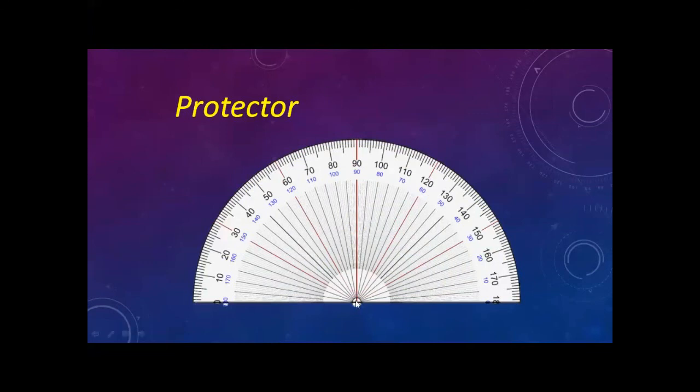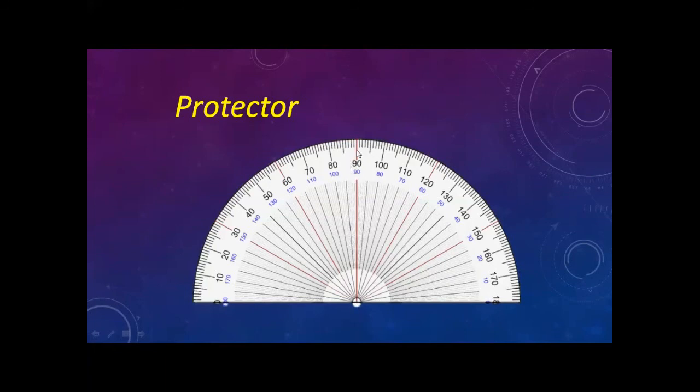Now, this is the center point of protractor. The right side of center point is known as acute angle, and the left side of protractor is known as obtuse angle, and the center point is known as right angle. How? It is starting from 0 till 90, and from 0 till 90 angles are known as acute angle. Now this is the center point, 90 degree.